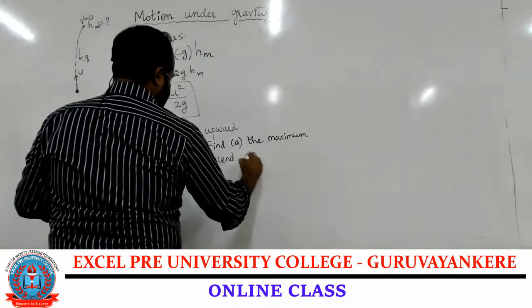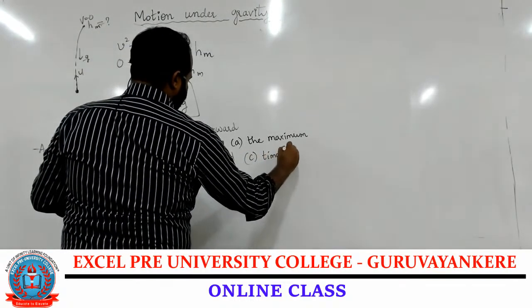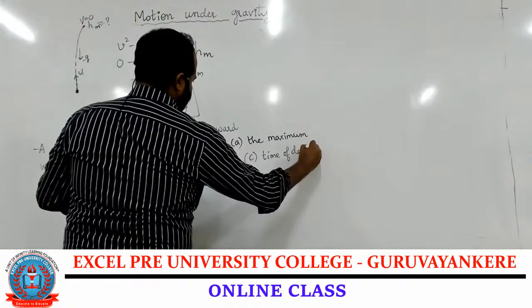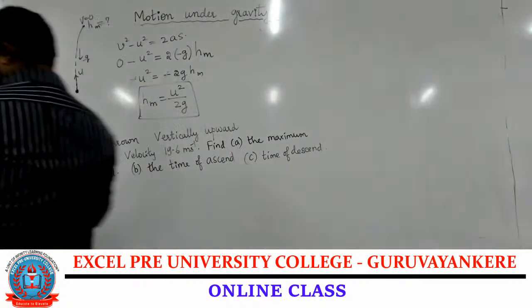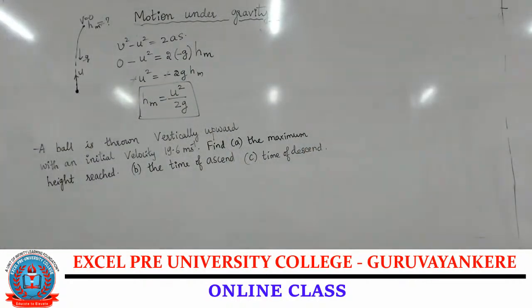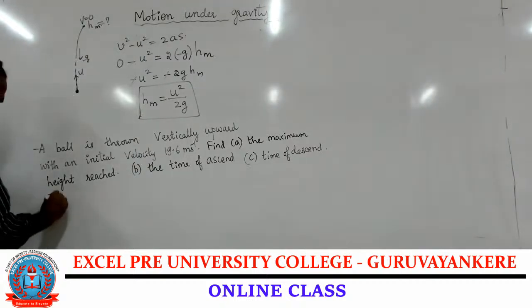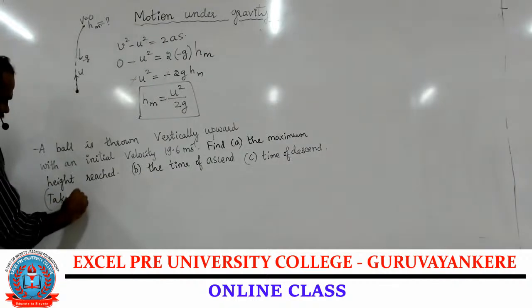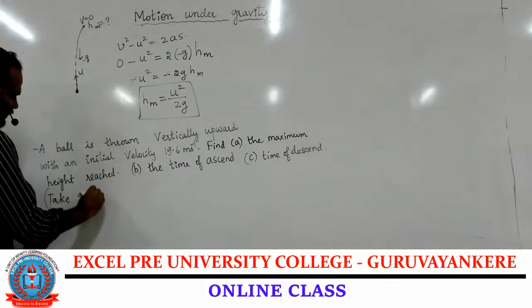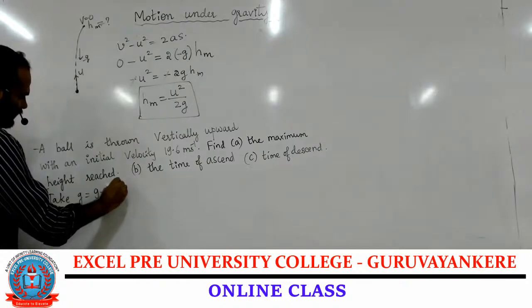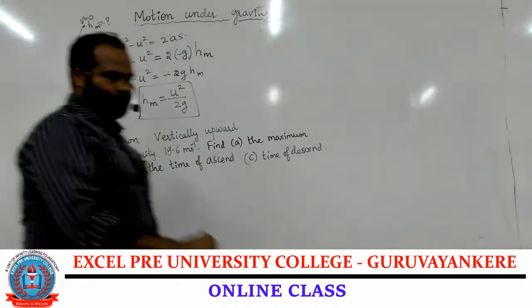C, time of descent. Yes, answer now. He says take g value, bracket he has given, take g is equal to 9.8 meter per second square.